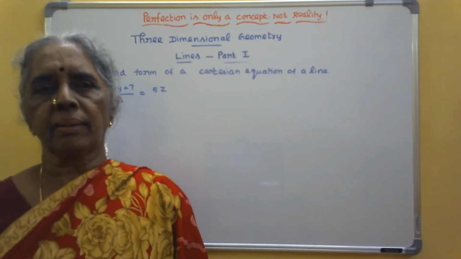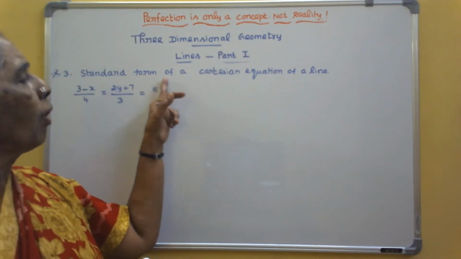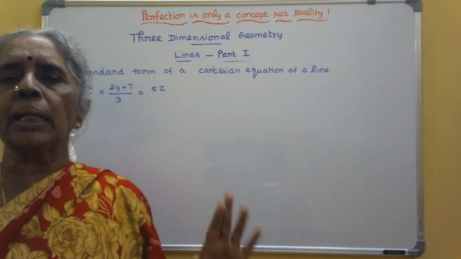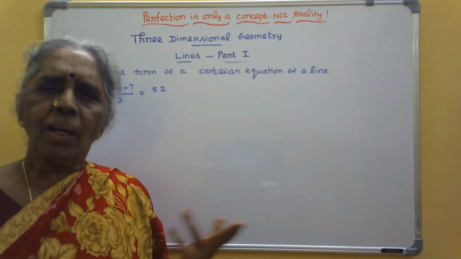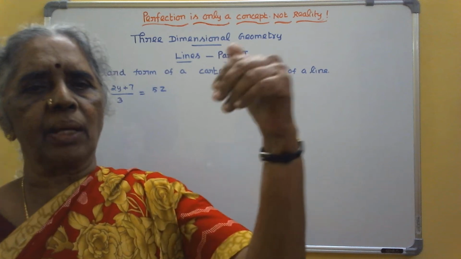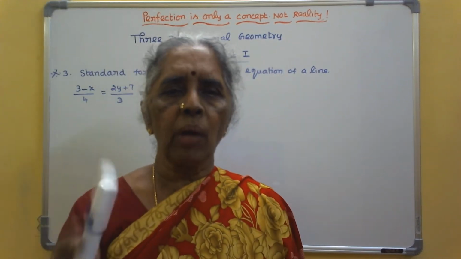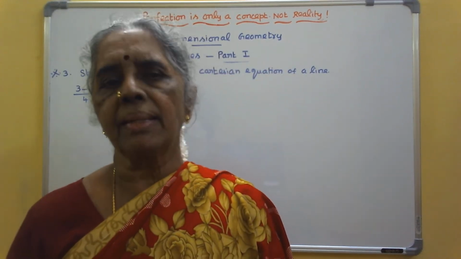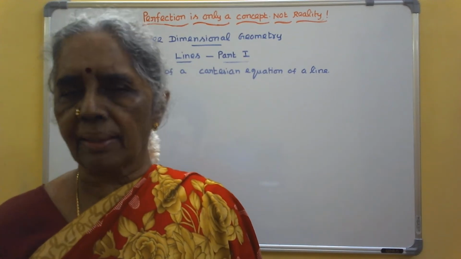The third point is the standard form of a Cartesian equation of a line. What is standard form? We have (x minus x1) by a is equal to (y minus y1) by b is equal to (z minus z1) by c, right?